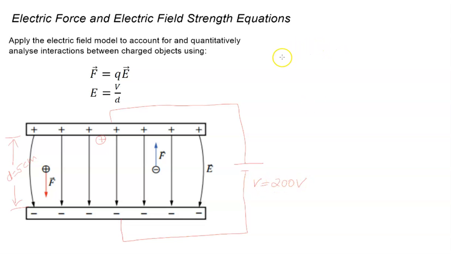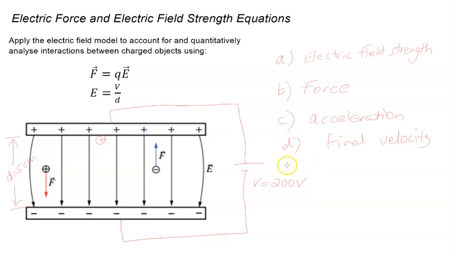So we want to be able to calculate the electric field strength and calculate the force acting on the proton. But after that, we'll also look at calculating the acceleration of the charge, the final velocity, and also the kinetic energy. So what we'll be doing is bringing in some of the formulae from kinematics.